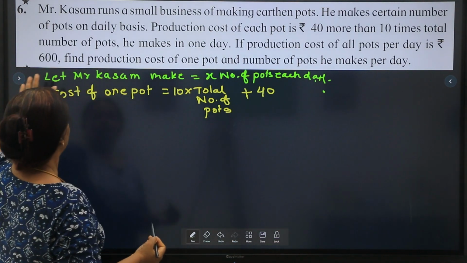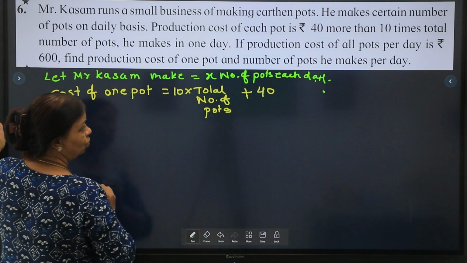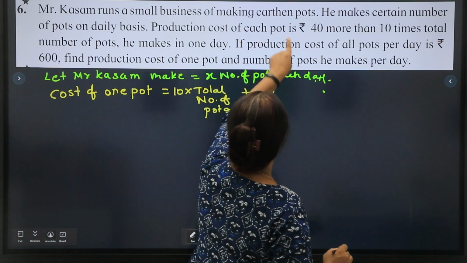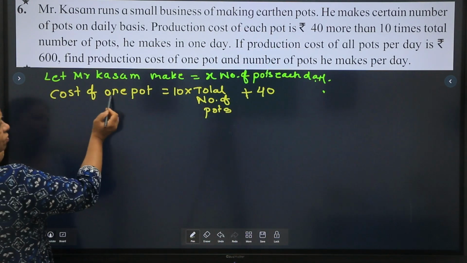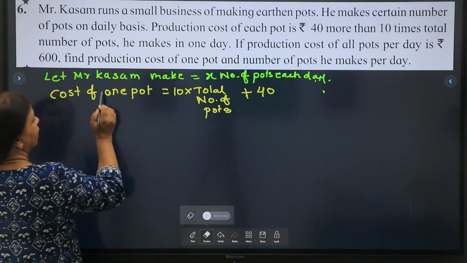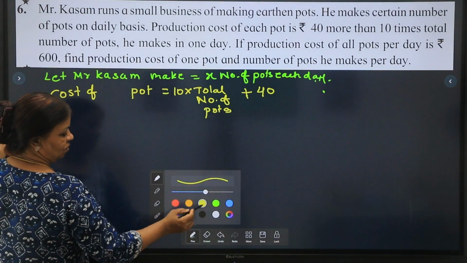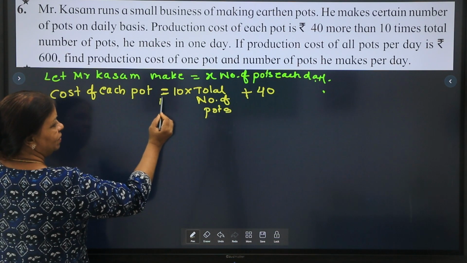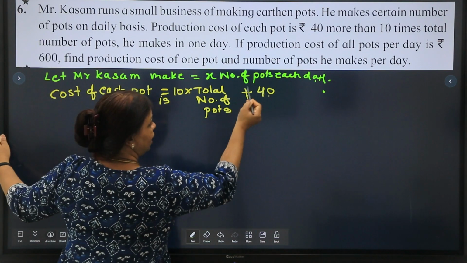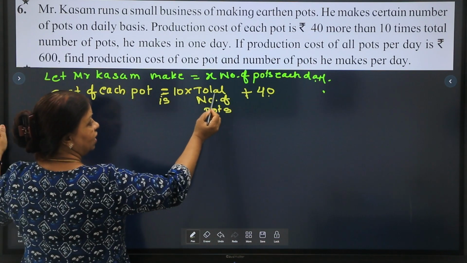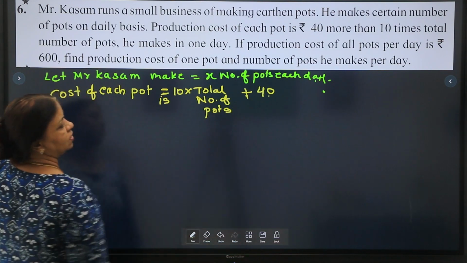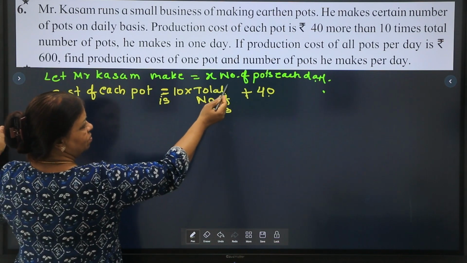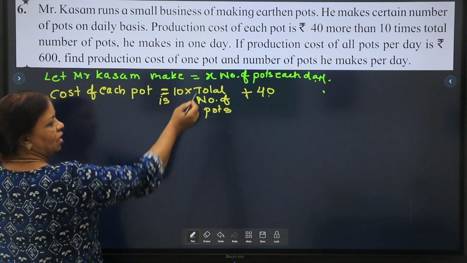Okay. Cost of one pot is equal to, see what is given: production cost of each pot, each means one pot. Production cost of each pot is 40 more than 10 times the total number of pots. Clear?